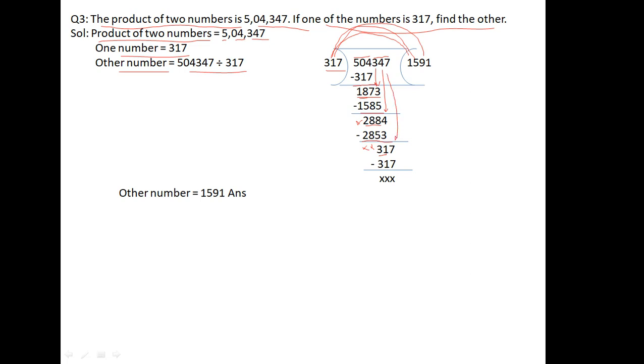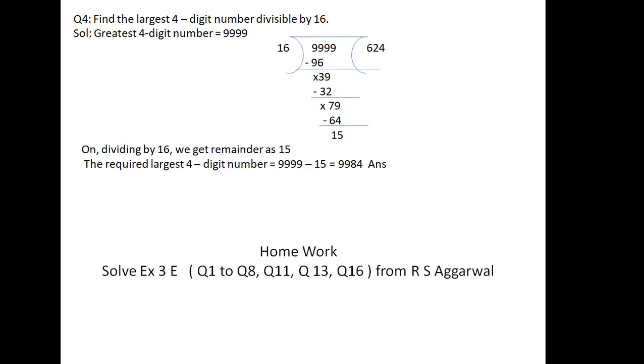So the number will come 317, and 317 multiplied by 1 will come 317. The remainder will come 0. So what is the other number? 1591. So the required number is 1591.